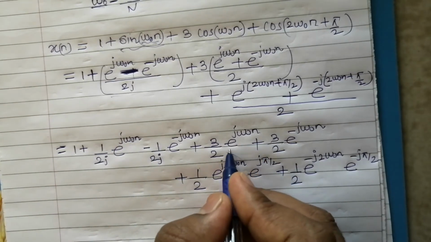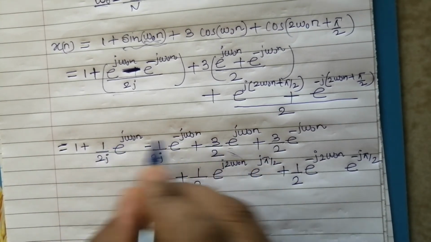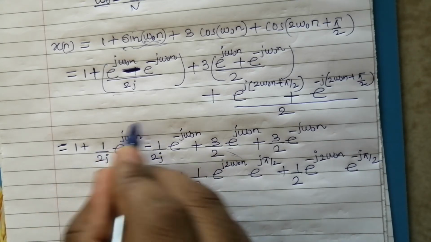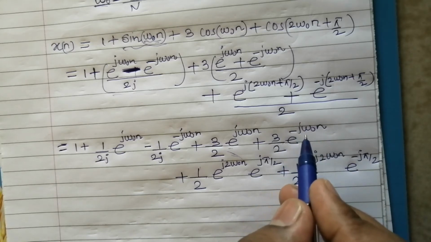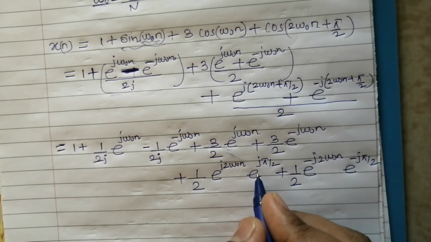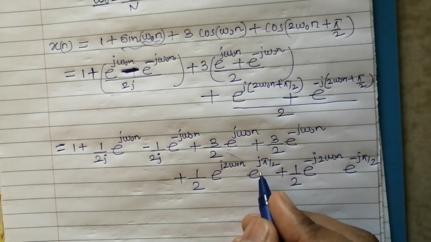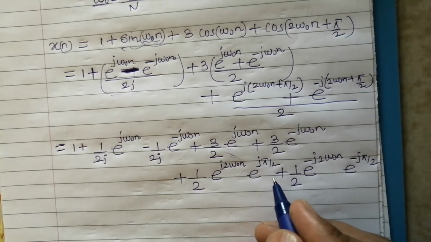See, these two terms e raised to power j omega naught n are common, so we will add the coefficient part and take this common. Likewise again this term and this part is common, so we can take it out common. Now e raised to power j pi by 2 can also be simplified here. How?